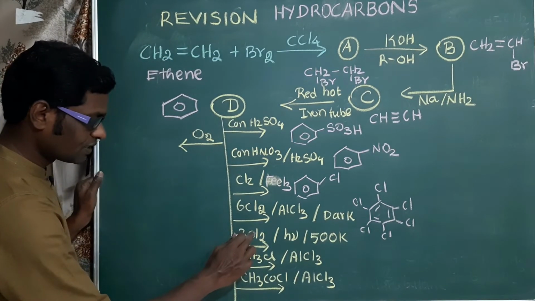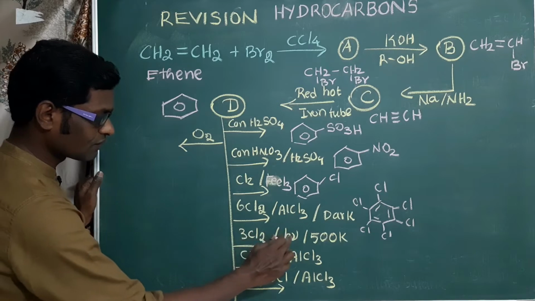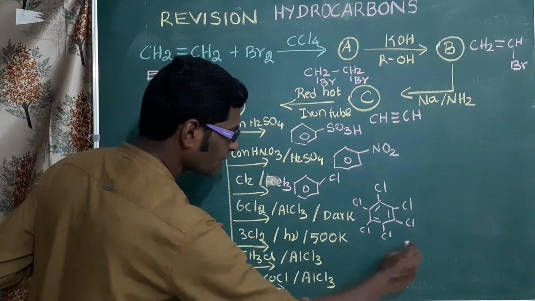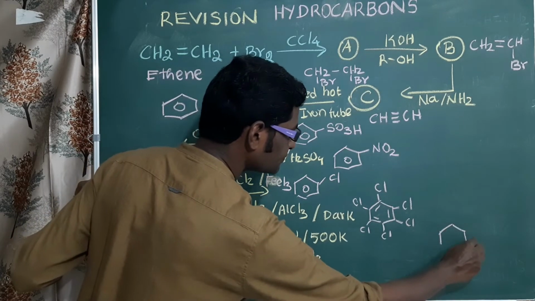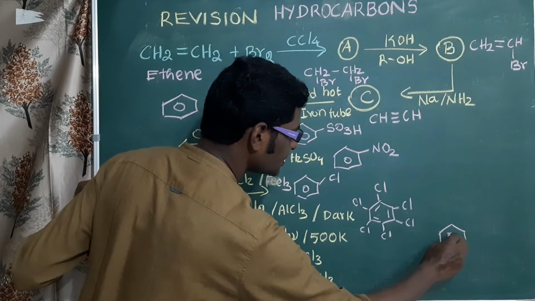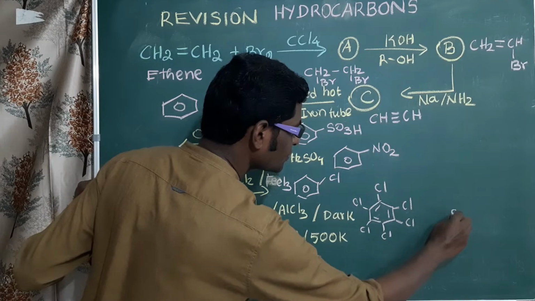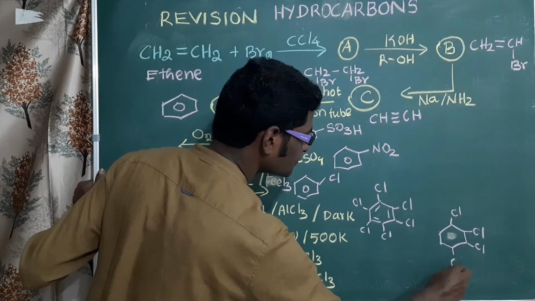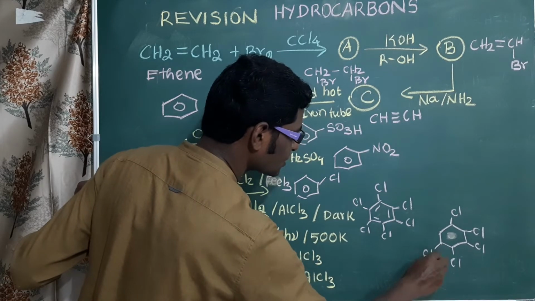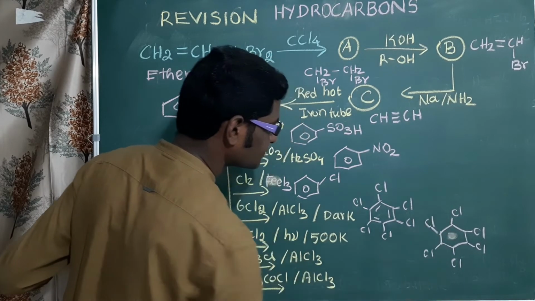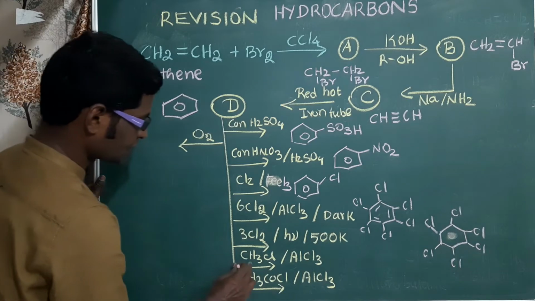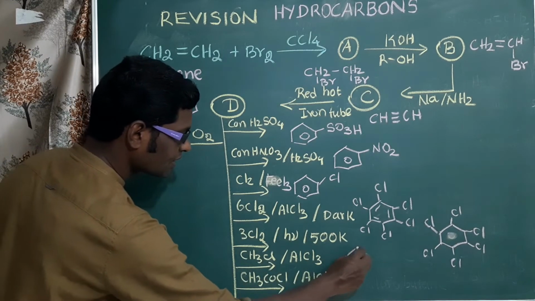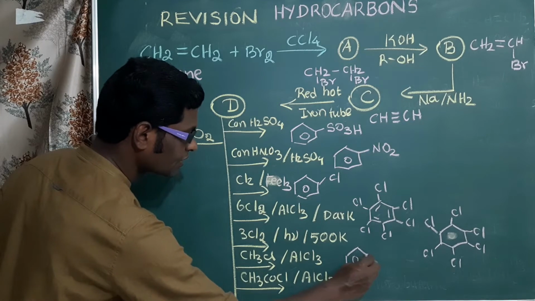Then benzene treated with excess of chlorine in the presence of light and heat, we will get BHC, benzene hexachloride. This compound forms through an addition reaction. Next, benzene treated with chloromethane in the presence of anhydrous aluminum chloride gives toluene.